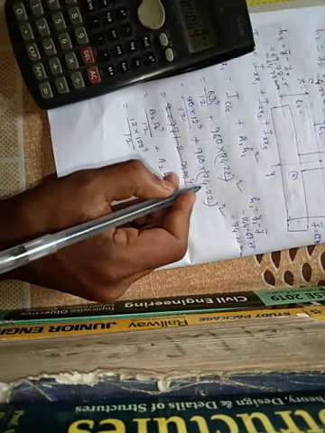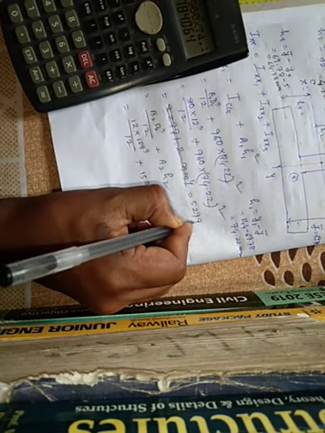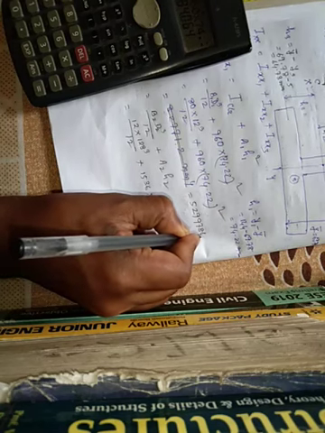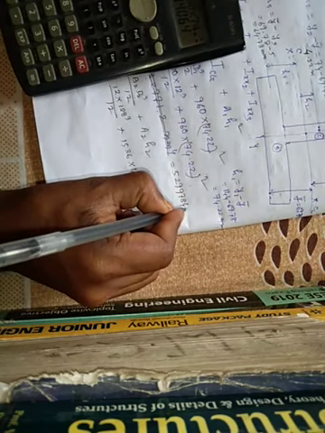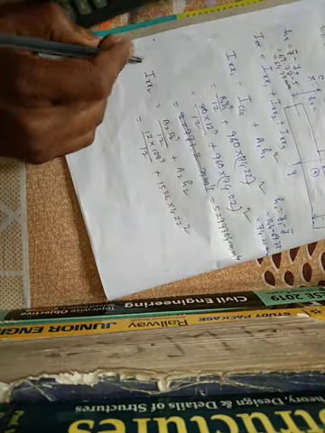This will be 5299784 millimeter to the power 4.